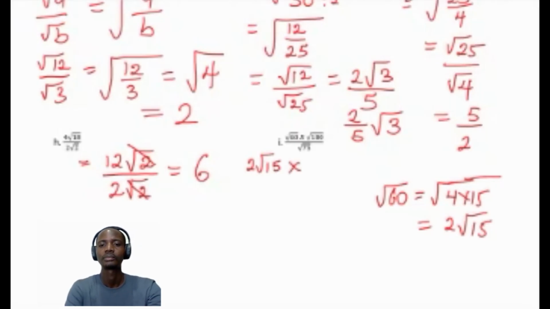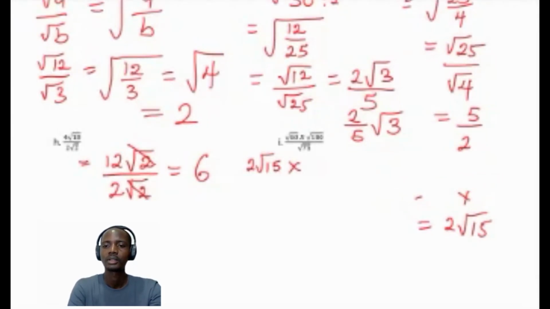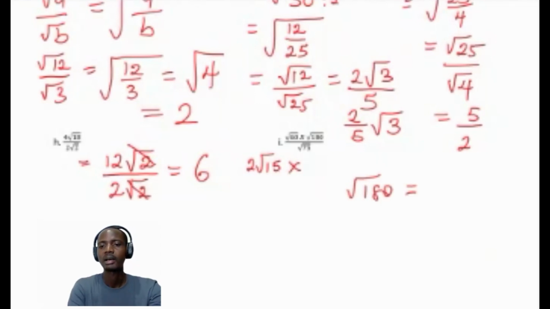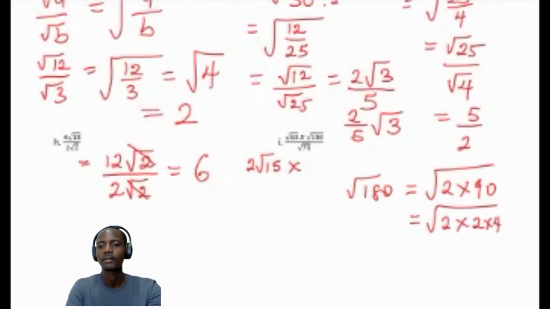Times, now what is root 180? What will it be? Root 180. So root 180, we can still go by the same approach, saying 2 times 90. Then I can further break down 90 to give us 2 times 45.